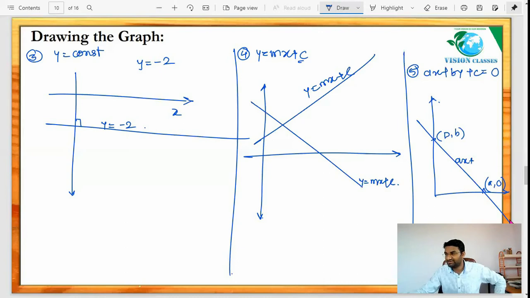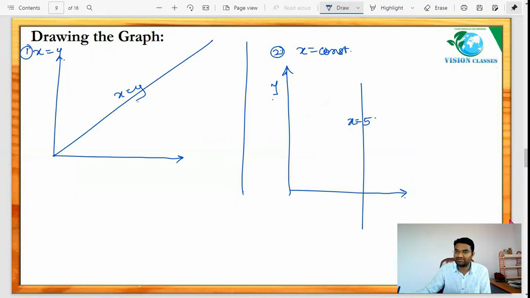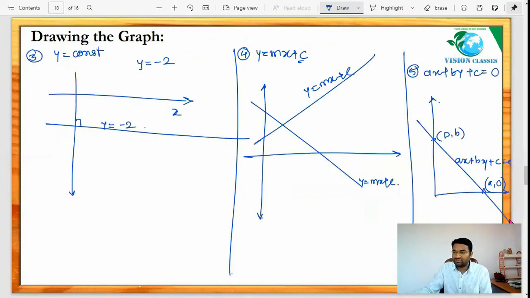This is a straight line having the equation ax plus by plus c is equal to 0. So these are the 5 different types of graphs we get: x is equal to y, x is constant, y is constant, y is equal to mx plus c, and ax plus by plus c is equal to 0.